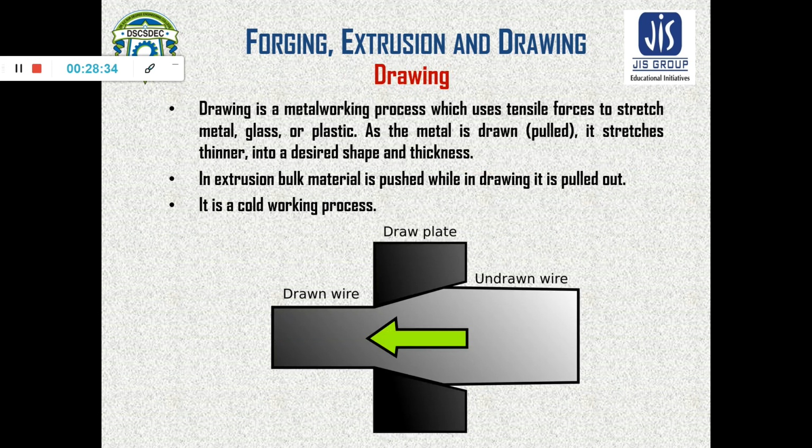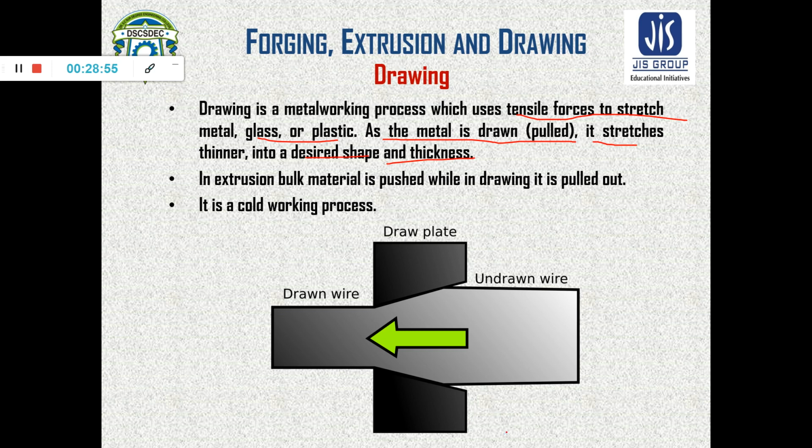Now we will see about drawing. Drawing is the metal working process which uses tensile force to stretch the material, glass or plastic. So the metal is drawn or pulled. It stretches thinner into the desired shape and thickness.